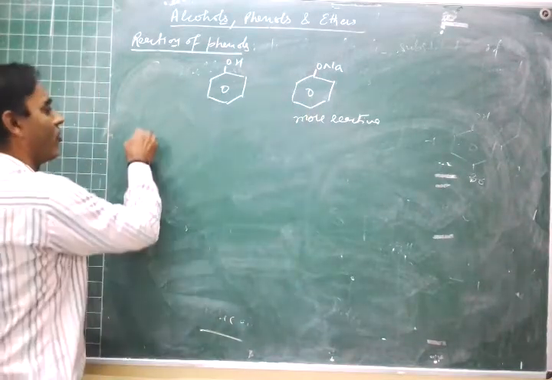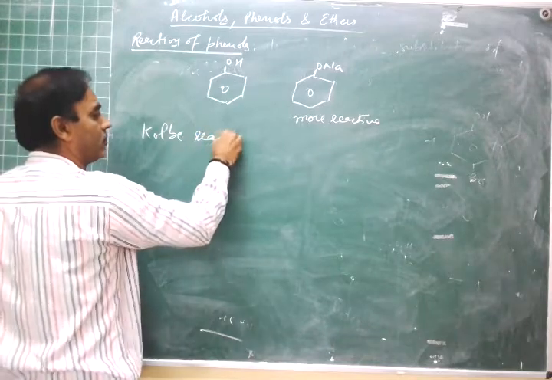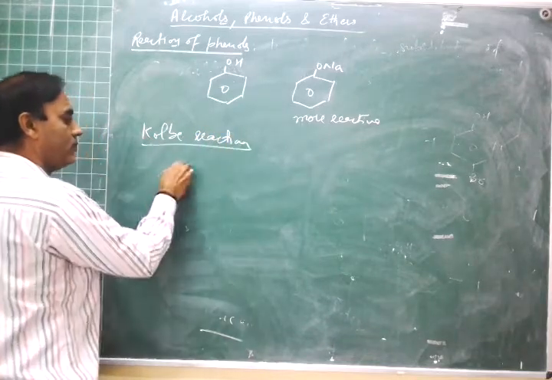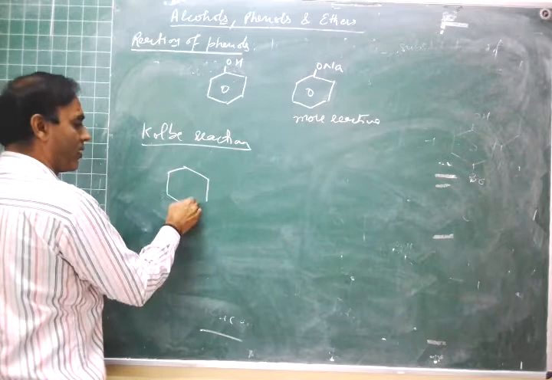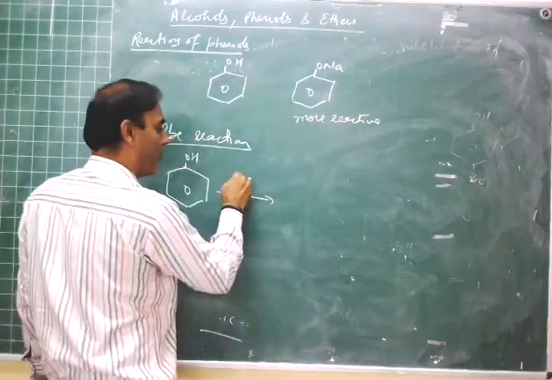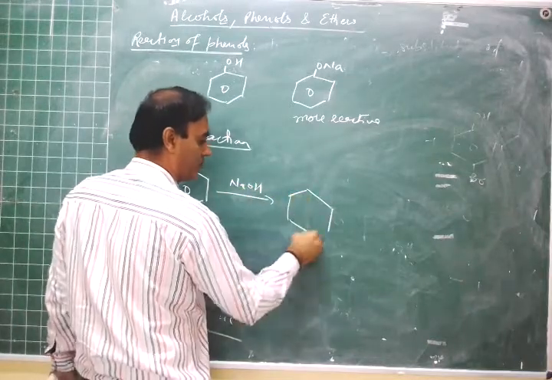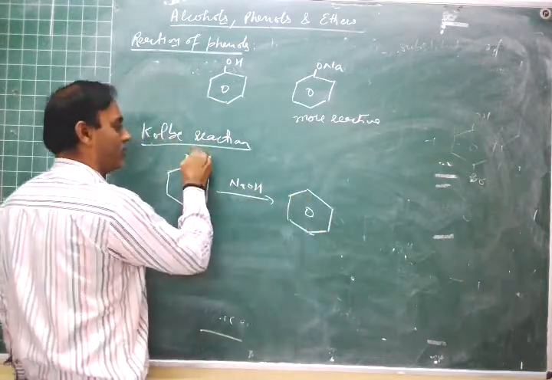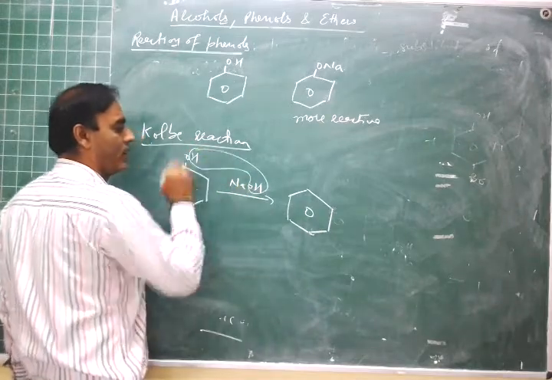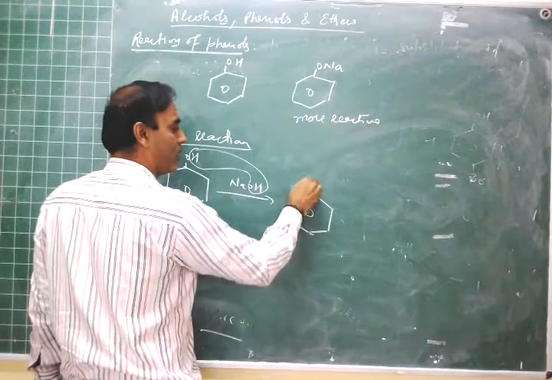For example, in the Kolbe reaction, we use phenol first. It is then reacted with NaOH to form the sodium salt of phenol. Right? So remove water from here, and then we will get sodium phenoxide here.